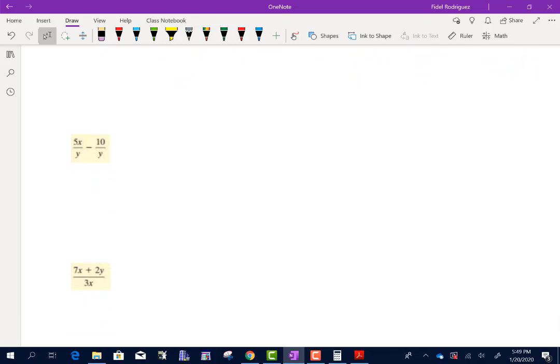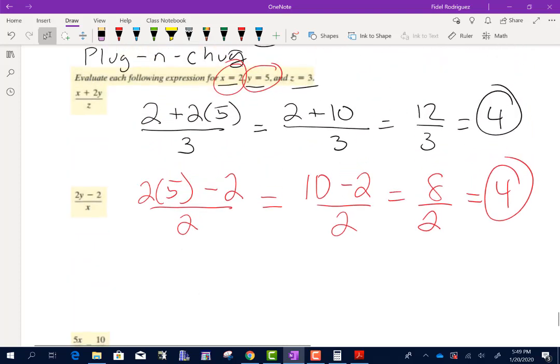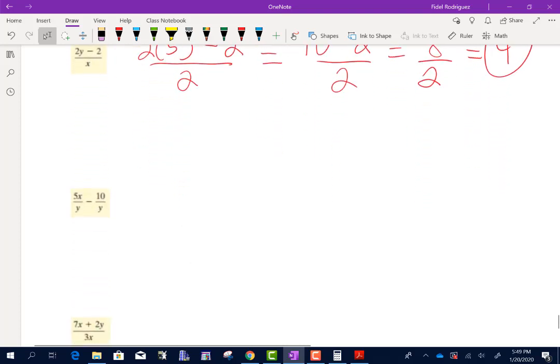Okay, 5x over y minus 10 over y. Okay, so let me see again. What was x? X is 2 and y is 5. Okay, x is 2 and y is 5.